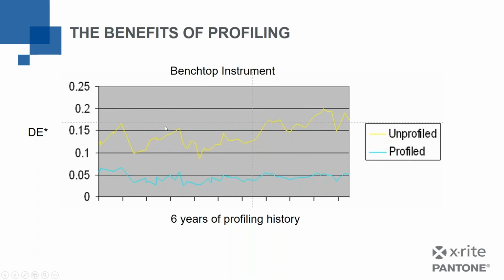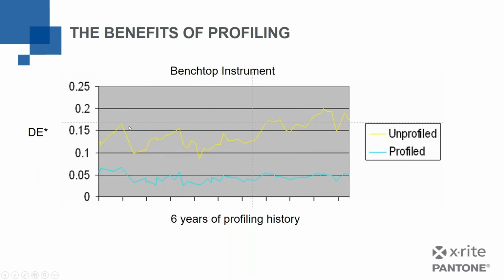The reason you see these peaks is this instrument happens to be in a place where the climate changes, right? So everywhere it's peaking like that is actually summertime, where the environment is much warmer and more humid, and that happens to cause some drift to the way the instrument works.